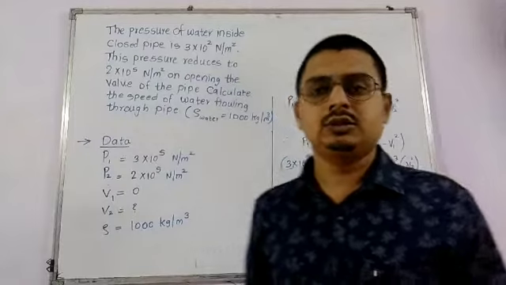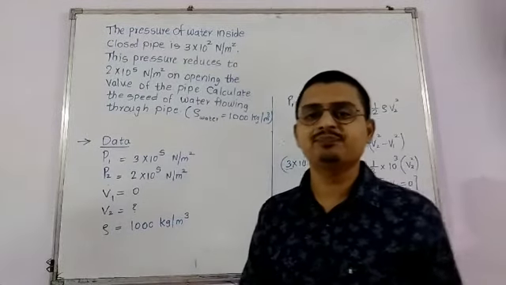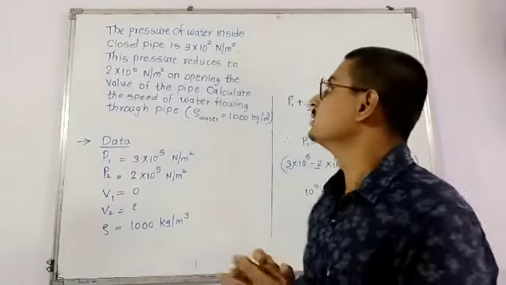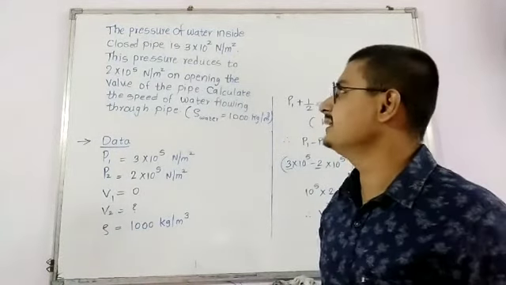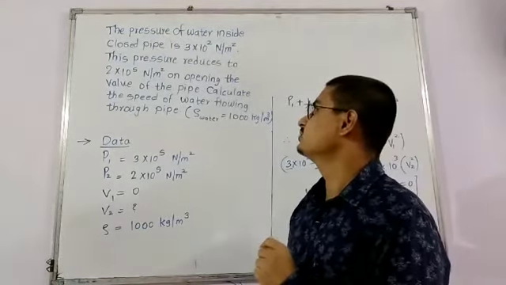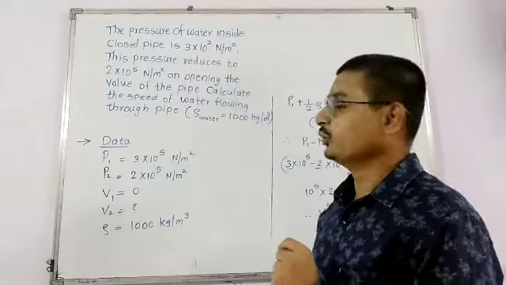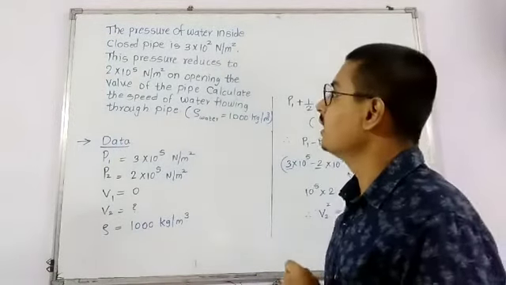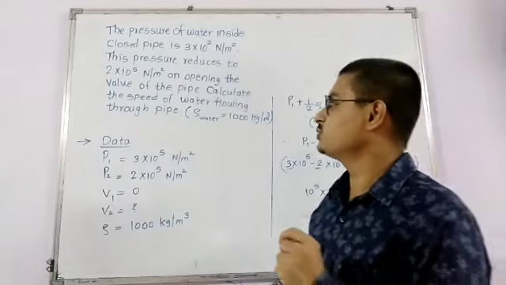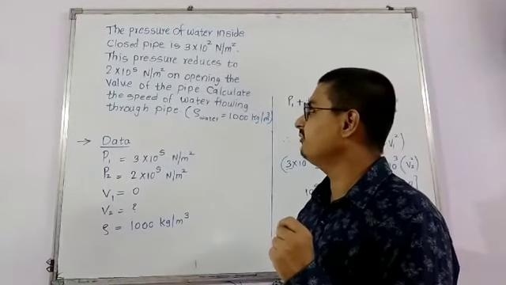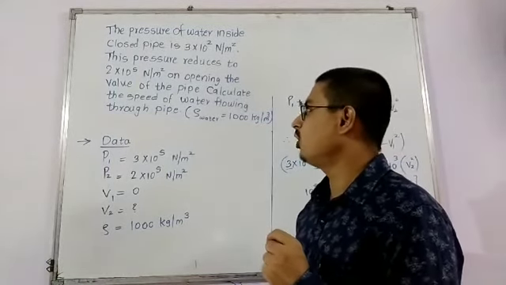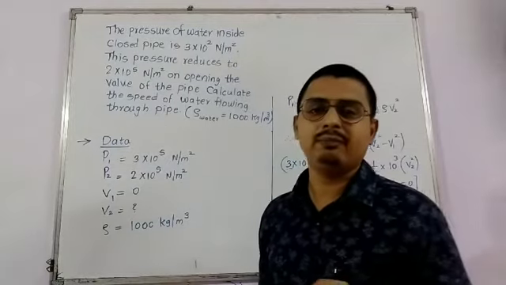That's it. So just move on to the next problem, and the problem is: the pressure of water inside a closed pipe is 3 into 10 power 5 Newton per meter square, and this pressure reduces to 2 into 10 power 5 Newton per meter square on opening the valve of the pipe.